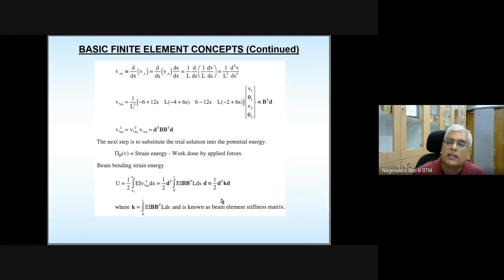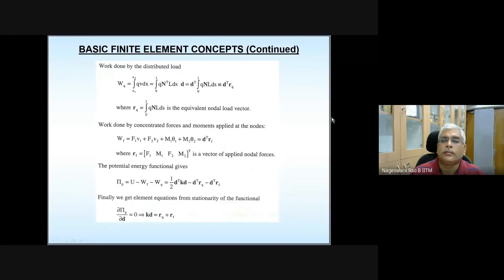Similarly, in the second term, third term, all those terms you need to make the finite element approximation substitution wherever it is required. So now let's see the second term, which is associated with distributed load. It is integral x1 to x2 of q times v dx.